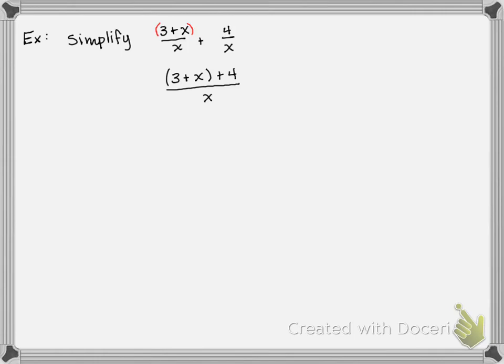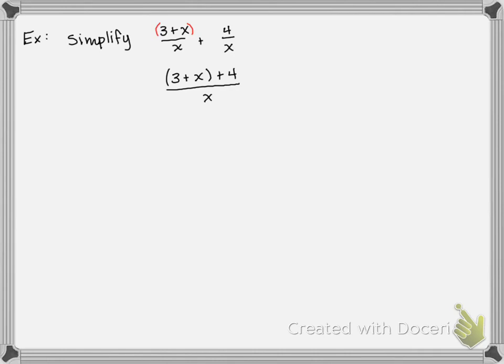Now there's nothing in front of these parentheses that has to be distributed, which means I can just drop them. We always want to double check that before we drop parentheses, because if we do have to distribute something, we have to do that before dropping them.